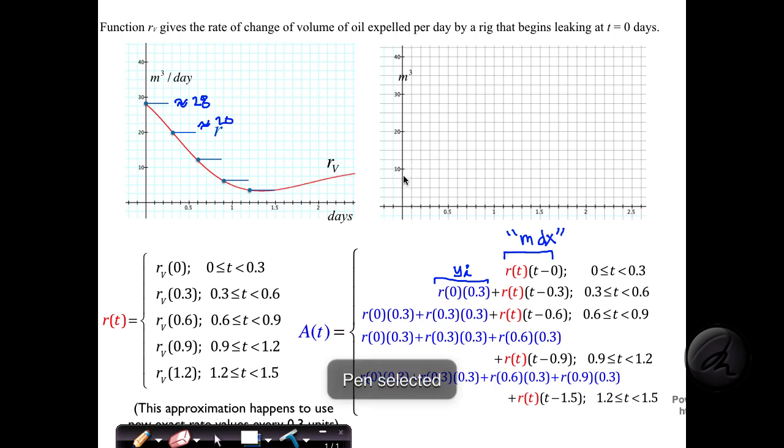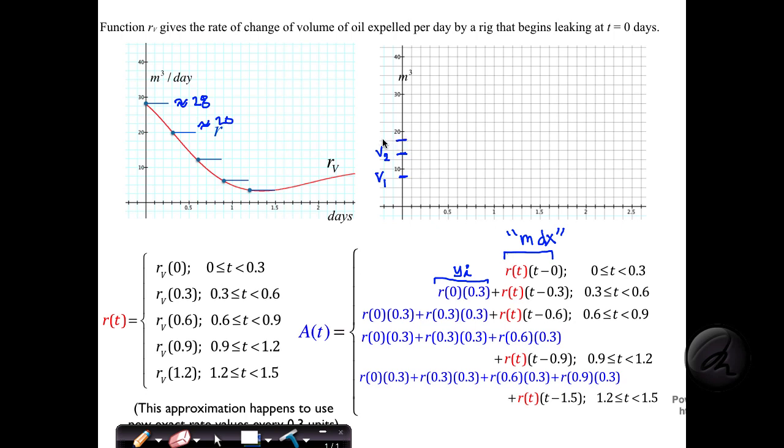So the stuff in blue represents, vertically speaking here, the height. The height here we said was about 8.44. So the volume after the first interval, I'll call it V1, is this high. After 2 intervals, we're at 14.4. So the volume after 2 full intervals, after 0.6 days, was up to there. After 0.9 days, it was at 18.